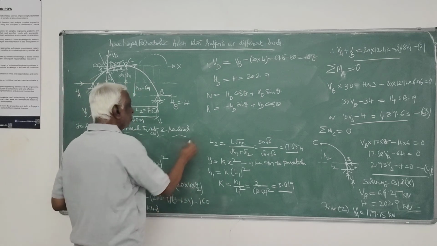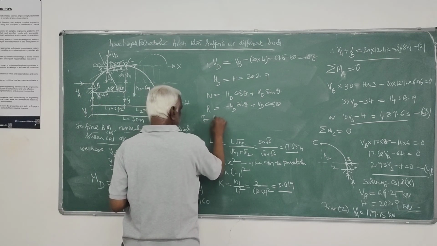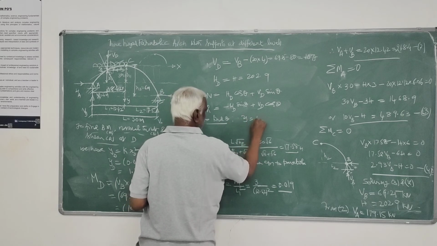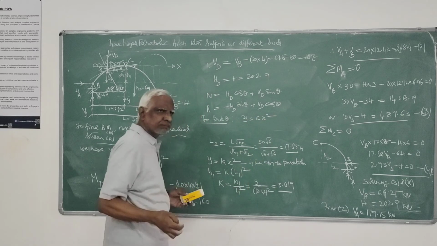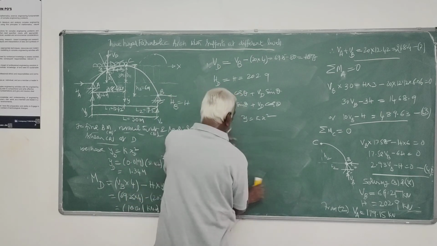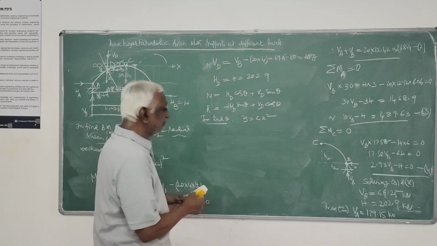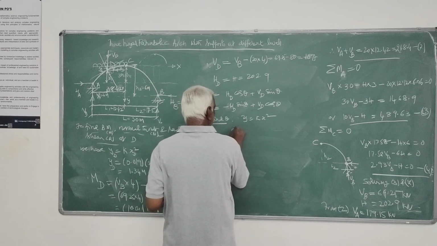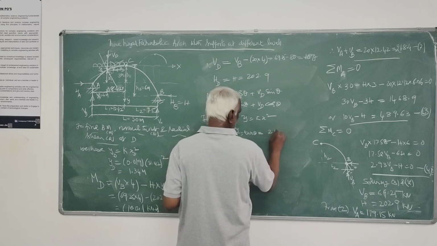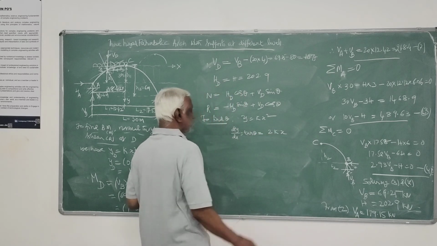To find theta, you can use the equation y equals kx square, the equation of the parabolic curve, or k1 x square, whatever it is. Then dy by dx, which is tan theta, is nothing but 2k x.